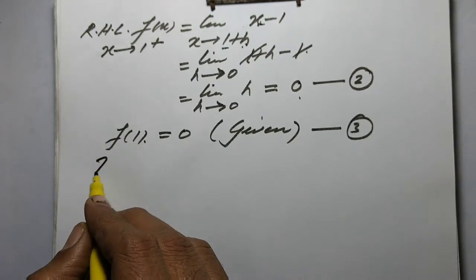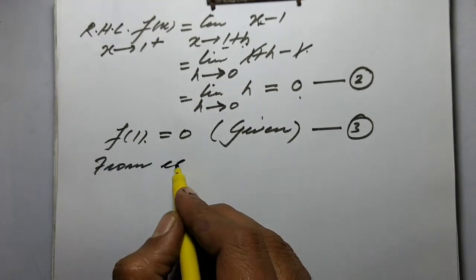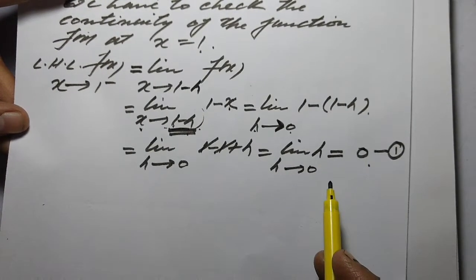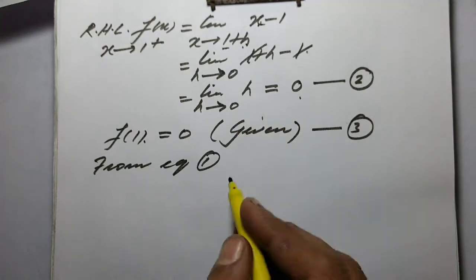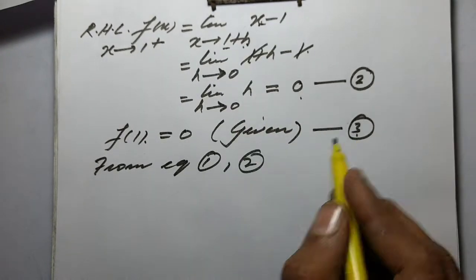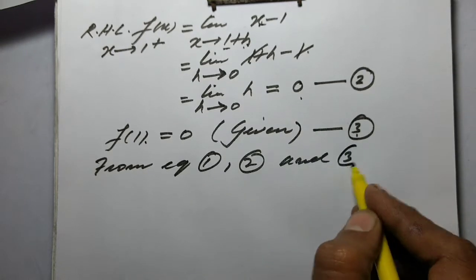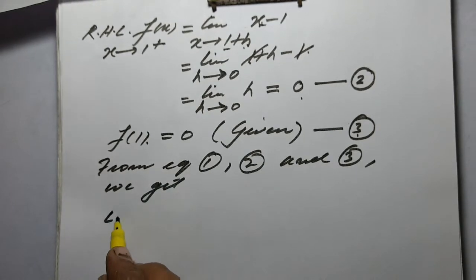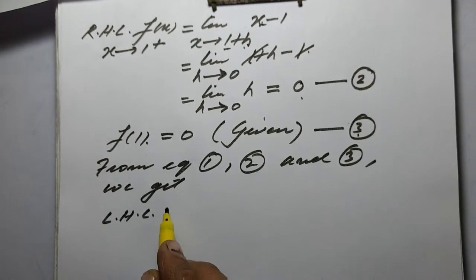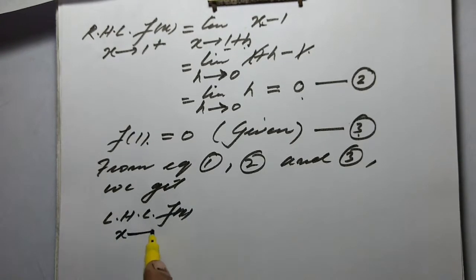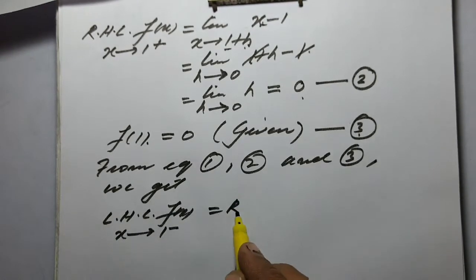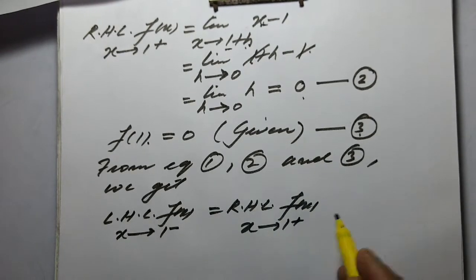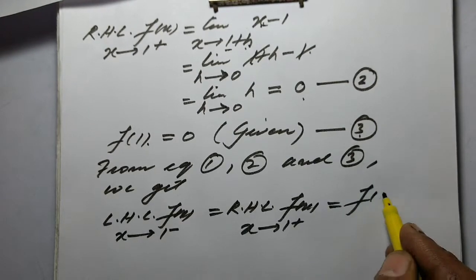So from equations 1, 2 and 3, we get left hand limit of f(x) when x tends to 1 negative is equal to right hand limit of f(x) when x tends to 1 positive, is equal to f(1).